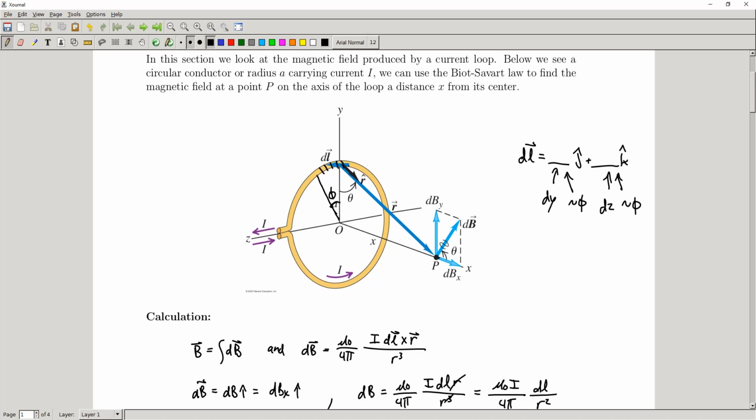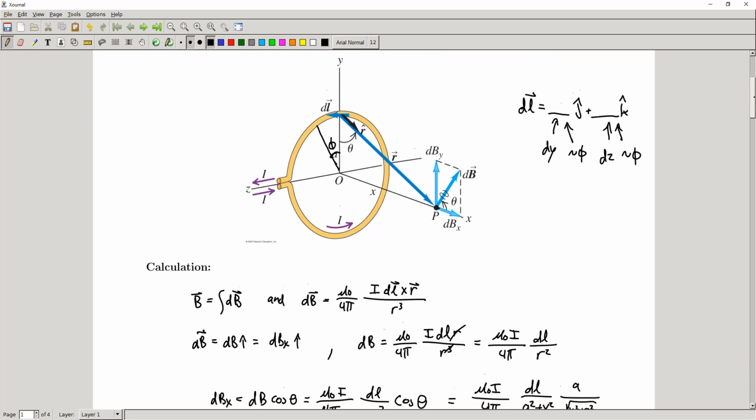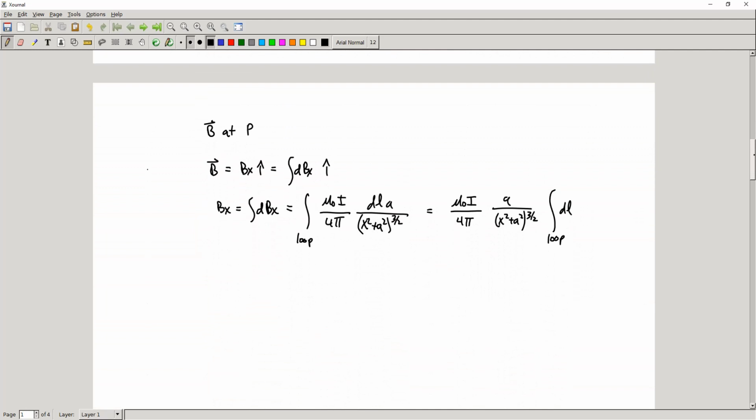We have to go around the circle from 0 to 2 pi, right? So if we were to do that, what would we end up getting? Well, we're just going to end up getting the circumference of the circle back. If we integrate over this circular loop, this line integral, building up all these little elements of dl to the full length around the loop, well, this is just the circumference of the loop, right?